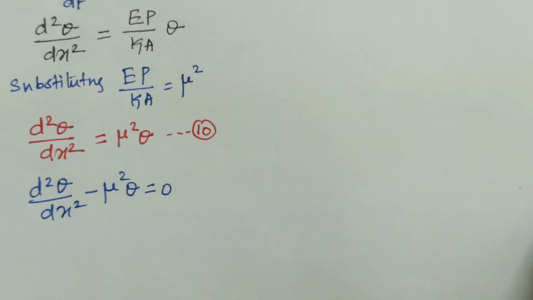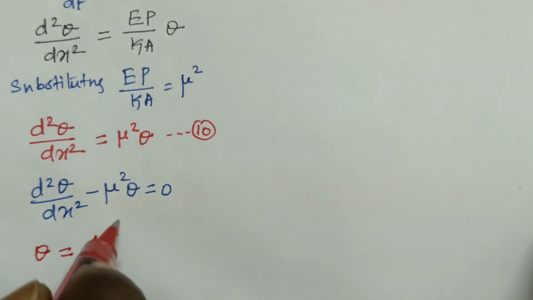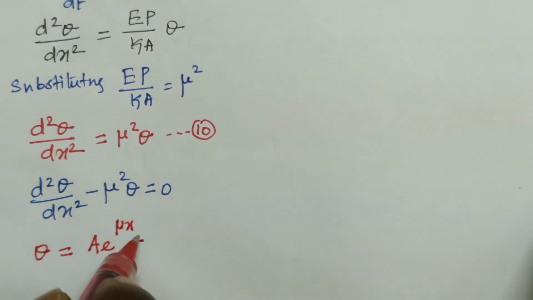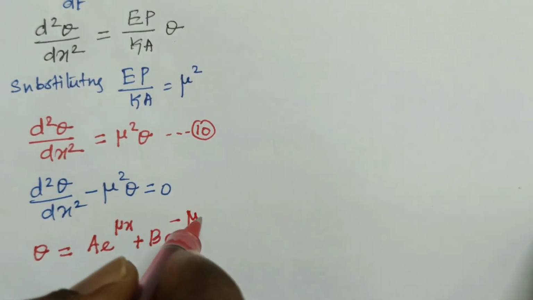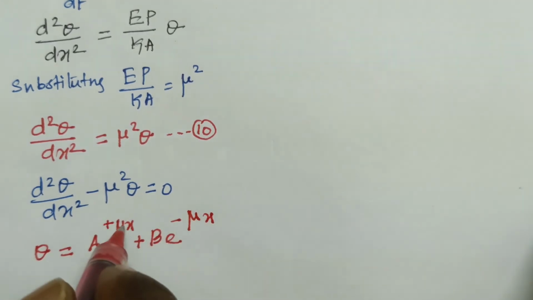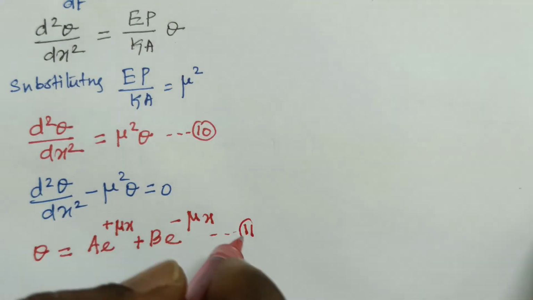Already you know that the general solution for the above equation is theta is equal to a e power mu x plus b e power minus mu x. This is equation number 11.